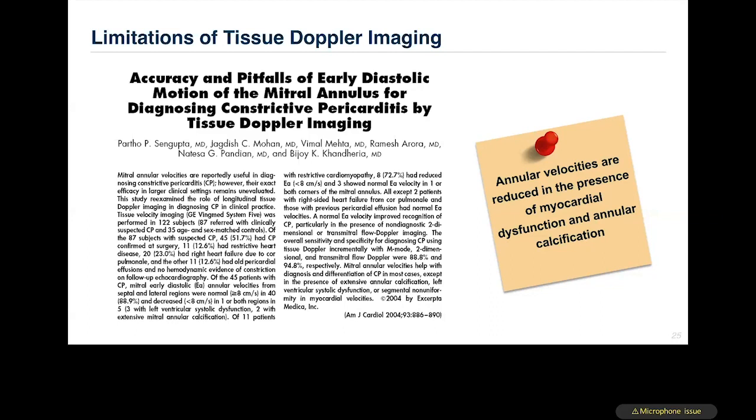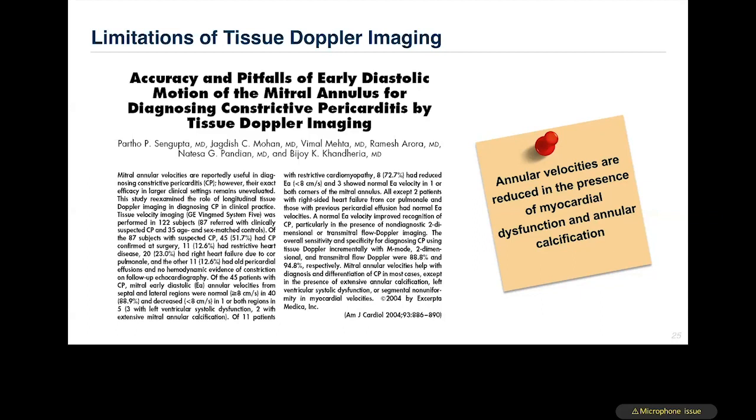For those reasons, there was a change towards looking at multiple parameters, starting from the Doppler annular velocities, and finding some consistency of information for diagnosing constrictive pericarditis.